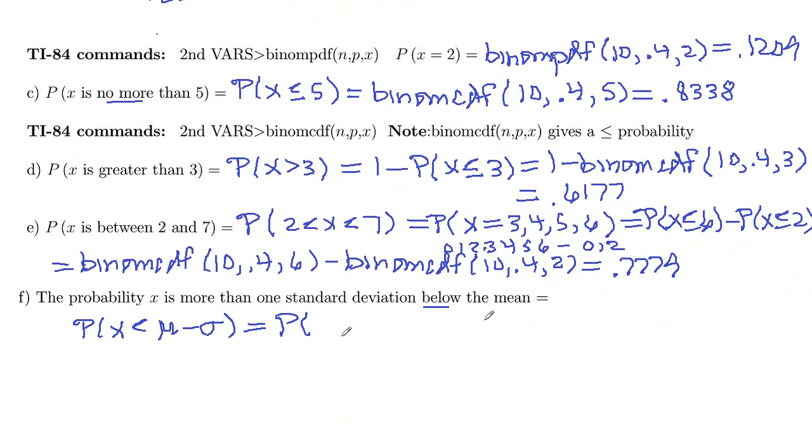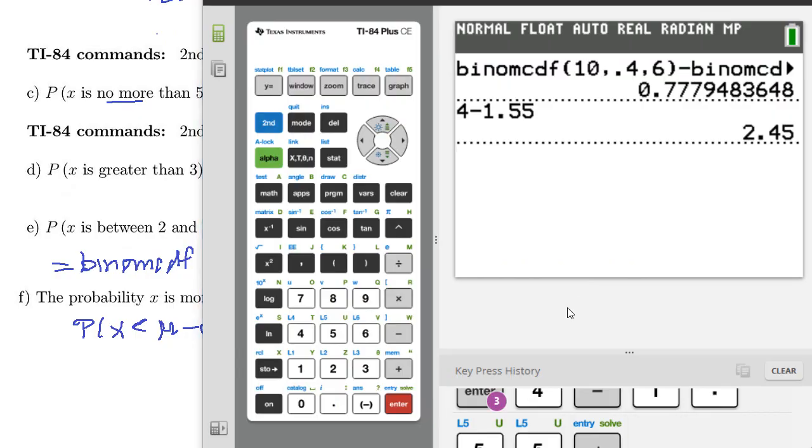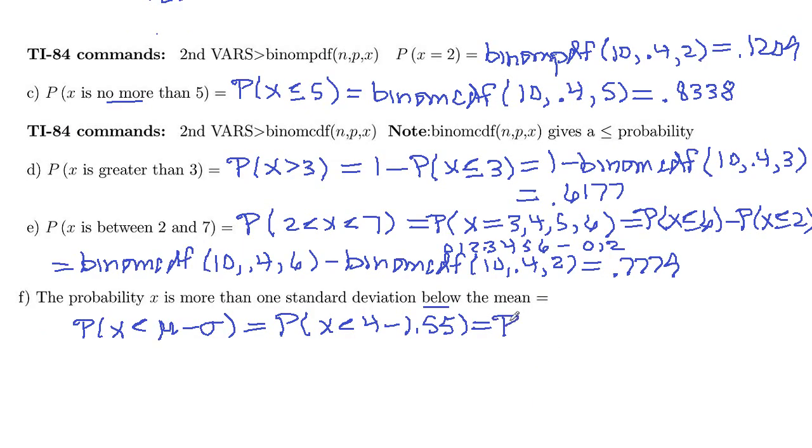So this would be x less than 4 minus 1.55. And 4 minus 1.55 is 2.45. So that's the same as saying what's the probability that x is strictly less than 2.45. Well, this random variable only takes on whole number values, so if you're less than 2.45, that means 0, 1, or 2, but not 3, because 3 is bigger.